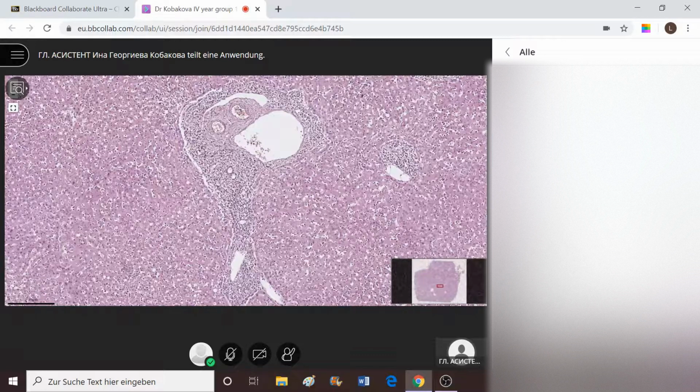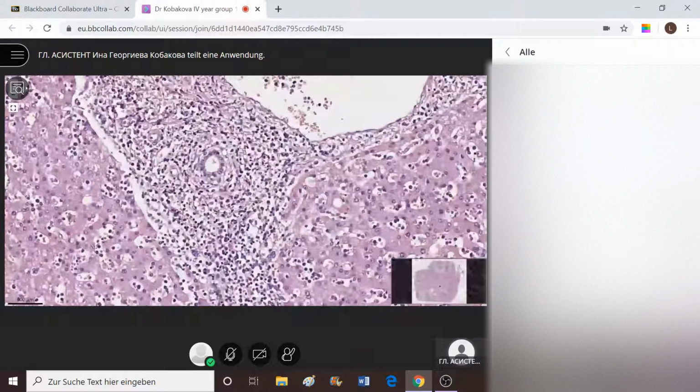Later, by checking some other signs, clinical, majorly hematological, the determination would be chronic myelogenous leukemia. But what you see from here is the evidence of increased portal tracts, disturbed border lamina.